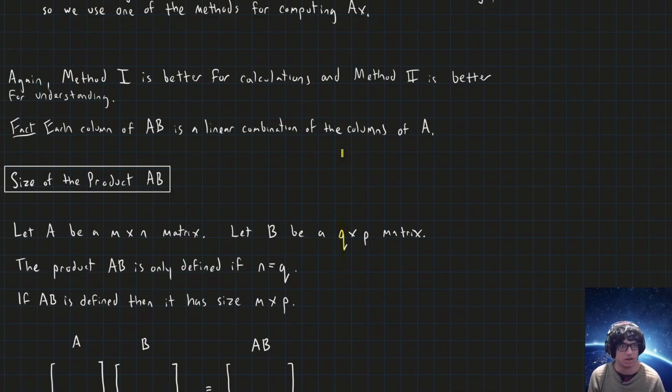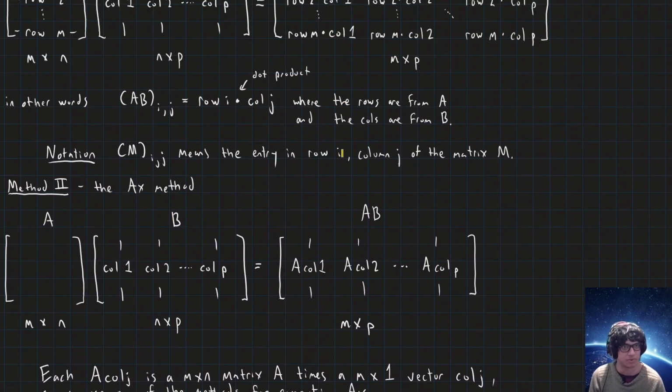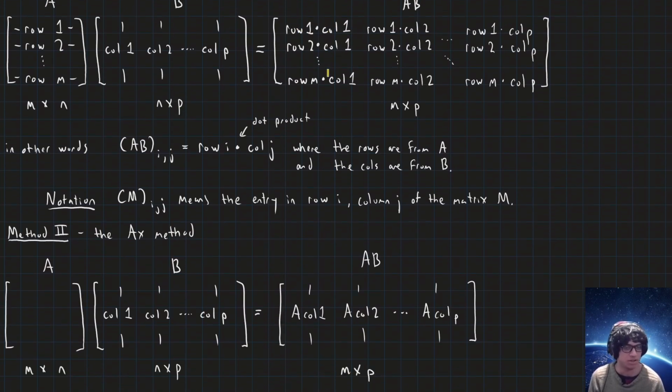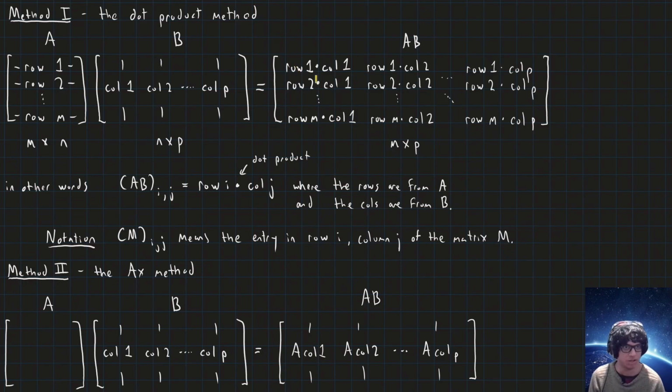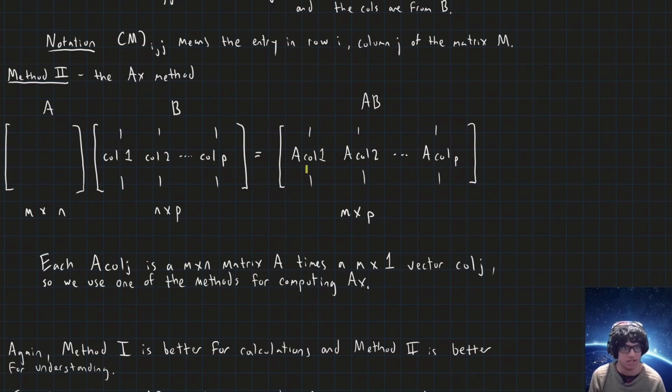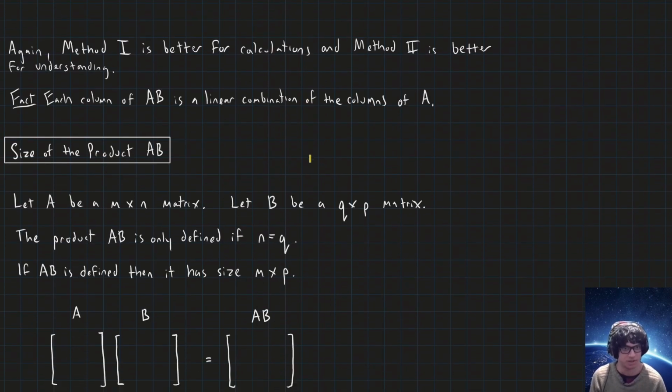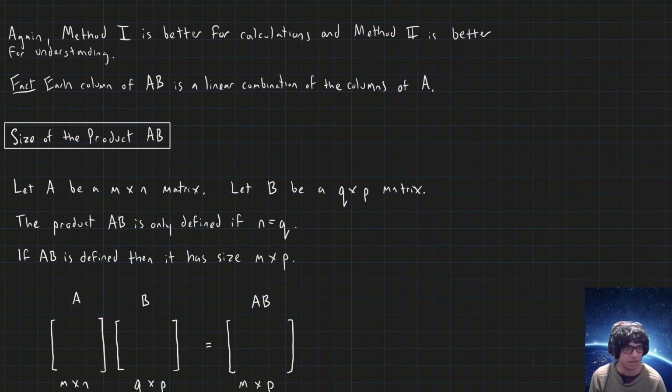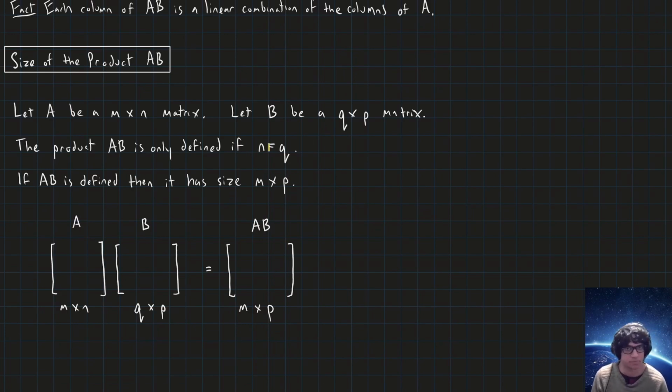Otherwise, you can't compute these dot products, right? They won't have the same number of entries. You can't compute these columns and so on. You need n to be equal to q here. So if AB is defined, if n equals q, then it has size m by p.